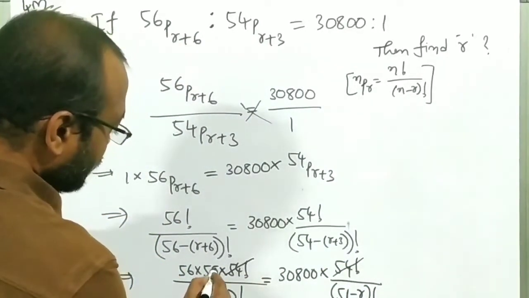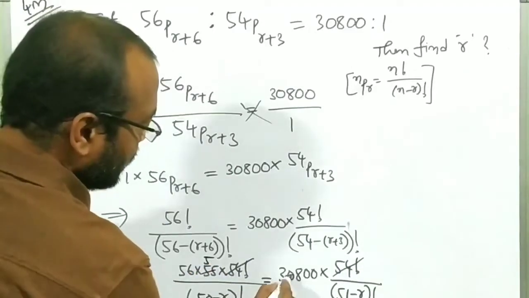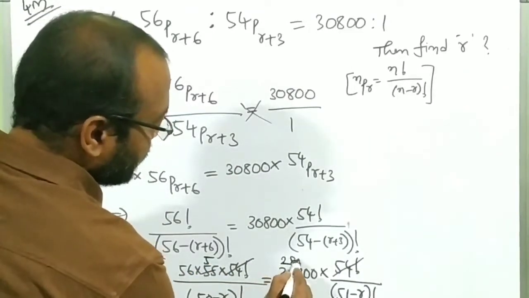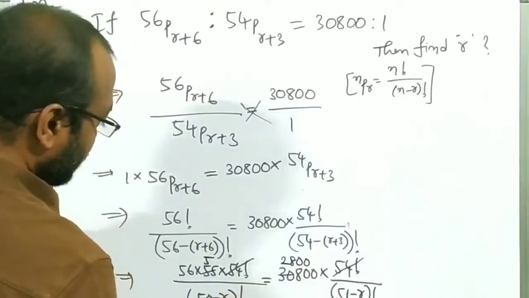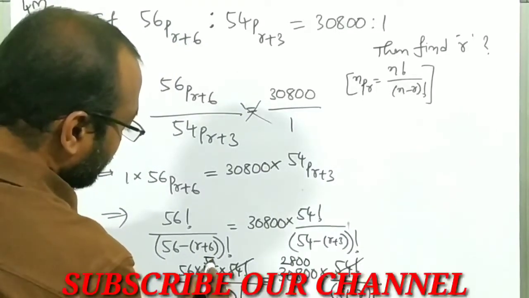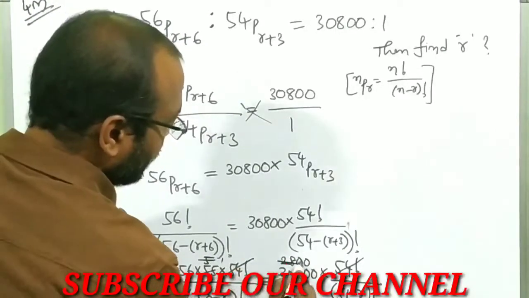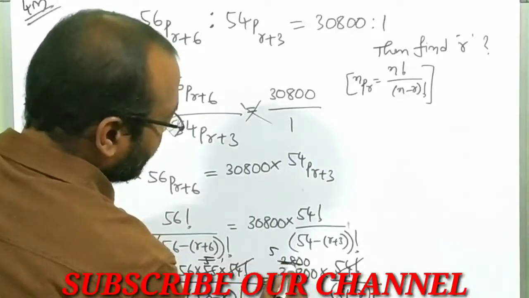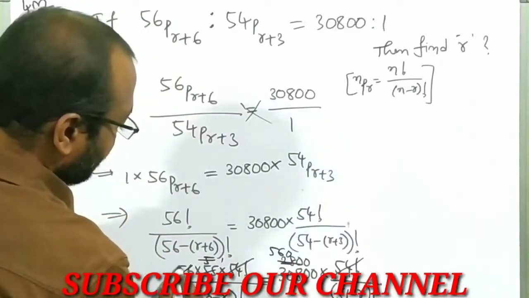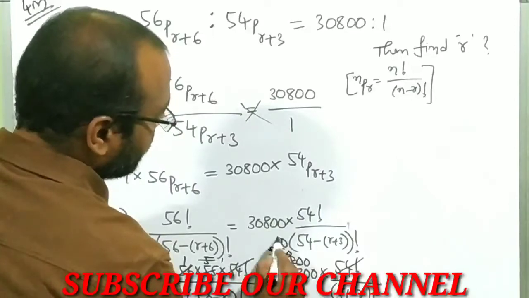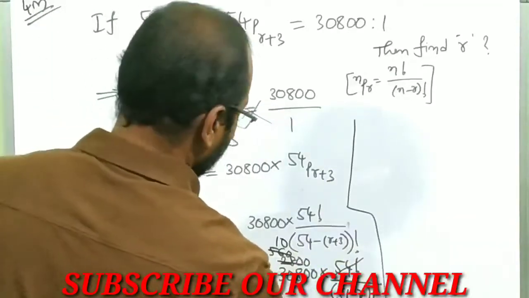Next, 11 fives are 55, 11 twos are 22, 11 eights are 88, and 2000 remains. Next, 5 ones are 5, 5 fives are 25, 5 sixes are 30, 56 ones are 56, giving 10. So finally what can we get here?